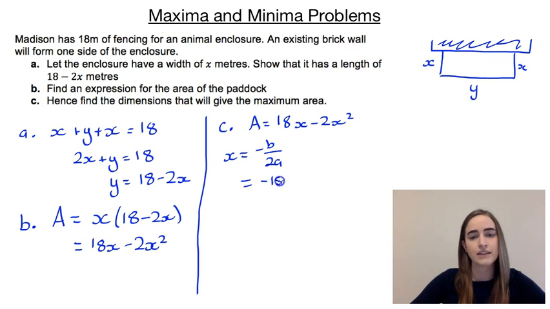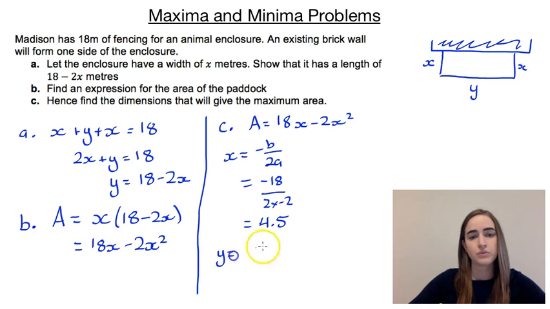So we're going to have minus 18 over 2 times minus 2, which will give us 4.5 if you put it in the calculator, so 4.5. So that gives us our width, but we need our length as well, and we can use this expression here.